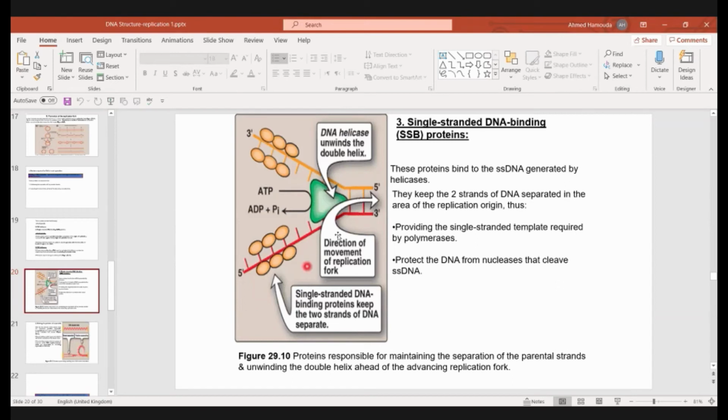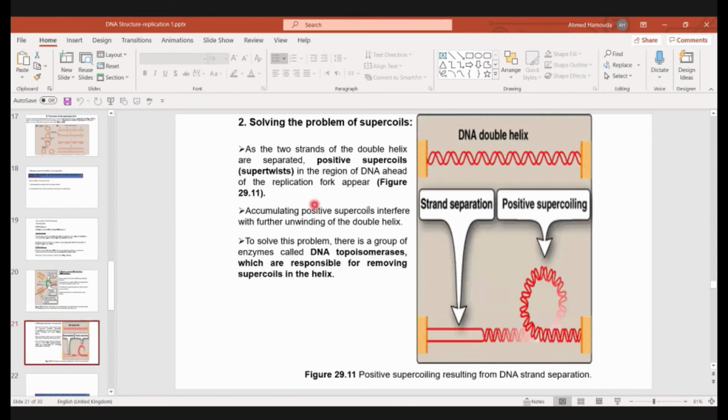Now there is a problem. If this moves along, the DNA will get stuck, forming what we call coils. This is the direction of the helicase. At some point, when the DNA is opened, it will form what we call positive supercoils, and therefore the DNA cannot move further.